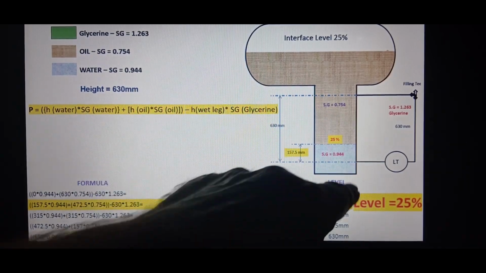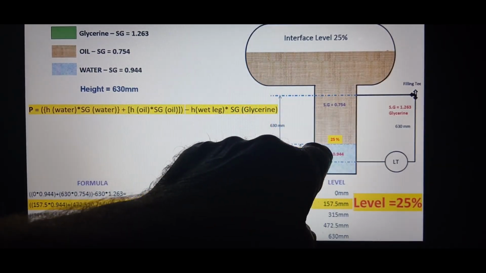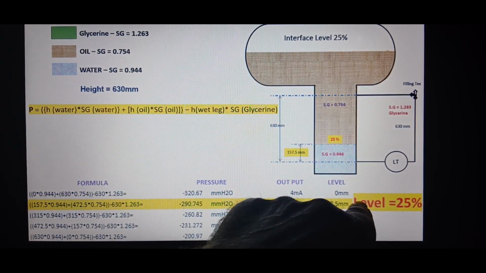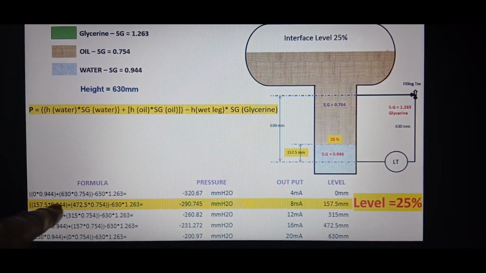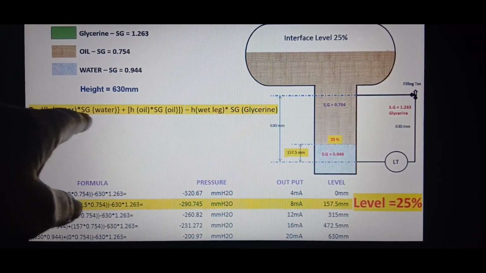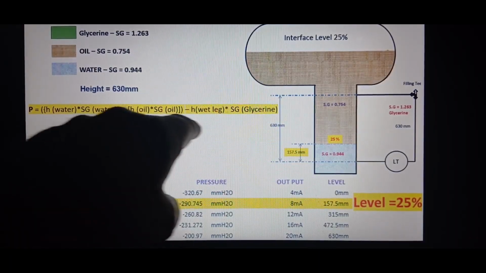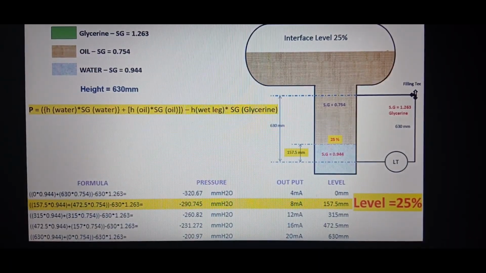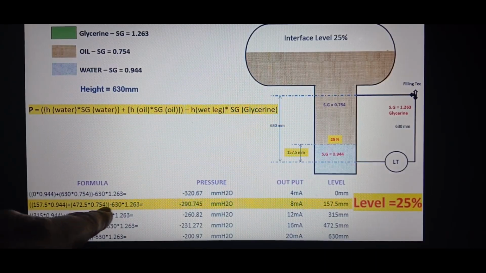When your level comes up to 25%, you're on this line over here. This is the calculation that we had in the previous one, which was written below. As you see, I've only done the 0 level and the 100% level, just so that I can make it nice and big for you so that you can see, because you might not be able to read these figures very carefully.